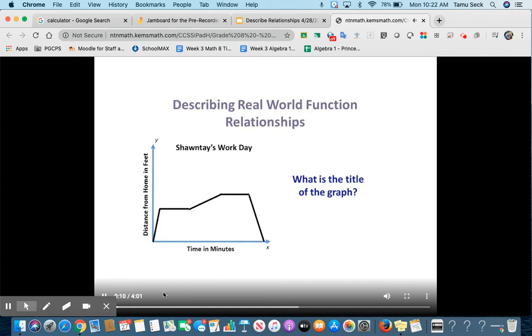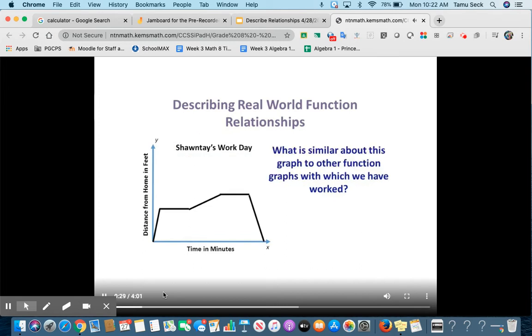What is the title of the graph seen here? The title is Shantae's Workday. The graph of this function shows the relationship between time in minutes and distance from home in feet during Shantae's workday. What is similar about this graph to other function graphs with which we have worked?